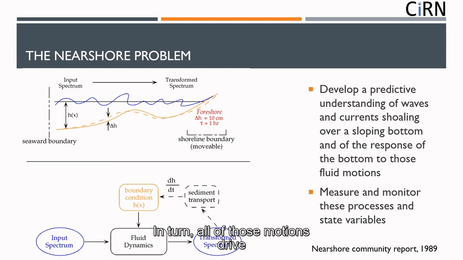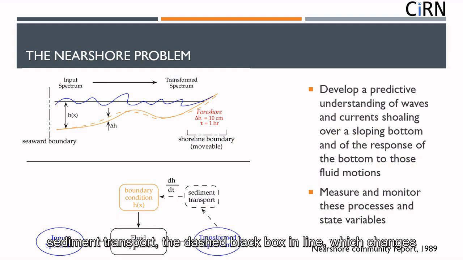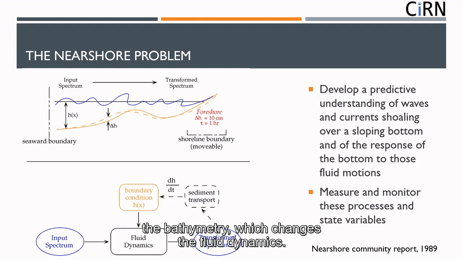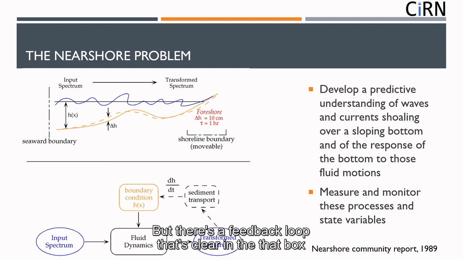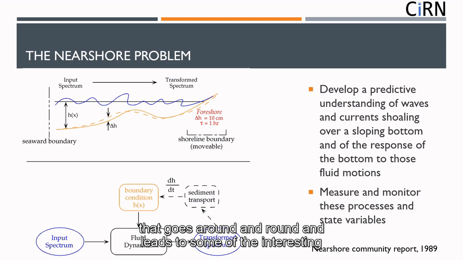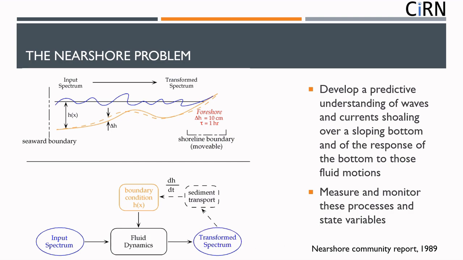In turn, all of those motions drive sediment transport, the dashed black box and line, which change the bathymetry, which changes the fluid dynamics. So that's the marine geology problem, but there's a feedback loop that's clear in that box that goes around and round and leads to some of the interesting morphodynamics.